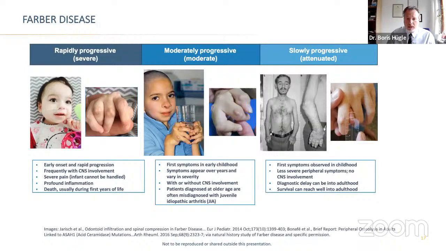You have the moderately progressive, which we as pediatric rheumatologists should be most aware of. And there is the slowly progressive attenuated phenotype, which is only a handful of patients really. They're interesting case reports, but we do see ASAH1 mutation in older patients who have a variety of symptoms. I'm going to talk about the different phenotypes now. So next slide, please.